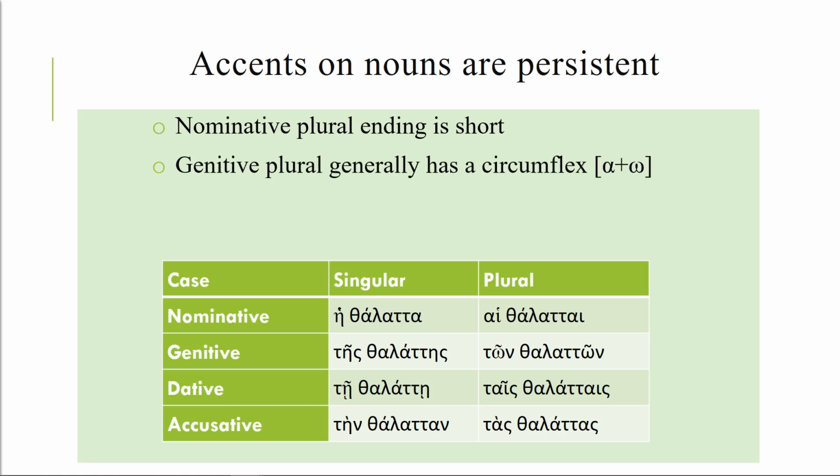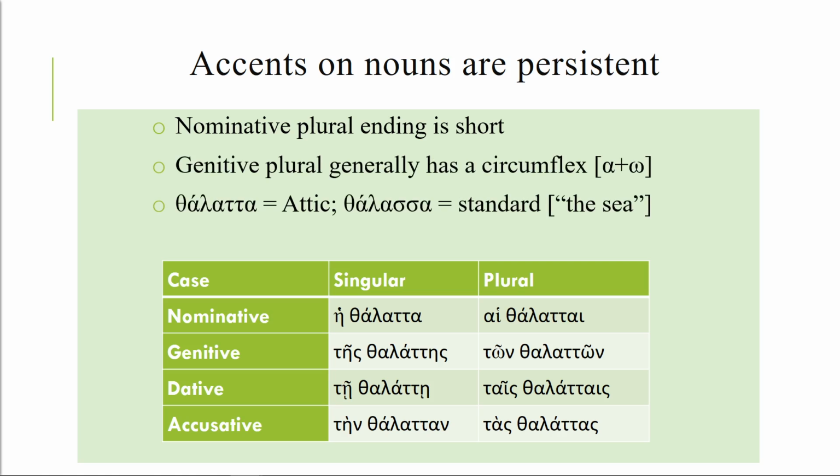Also, sometimes you're going to see words like this with double taus, and in the dictionary or lexicon, you'll see it with double sigmas. Don't worry about that. That's simply the Attic dialect that's used in Athens tends to replace double sigmas with double taus, and it's the same word otherwise. So that, in a nutshell, is the first declension noun.